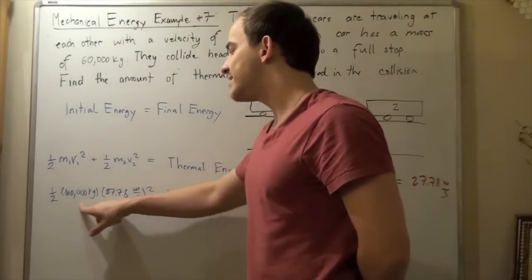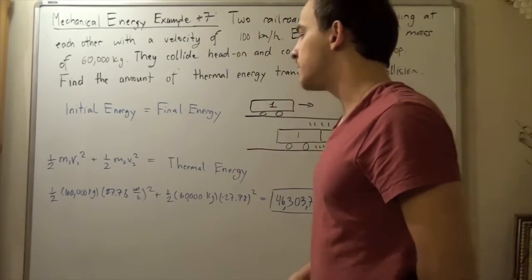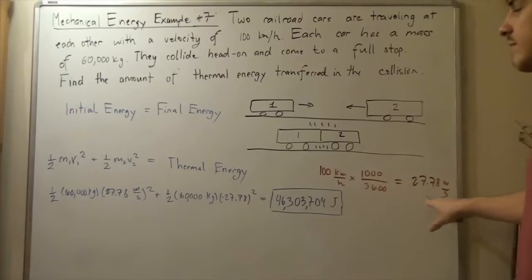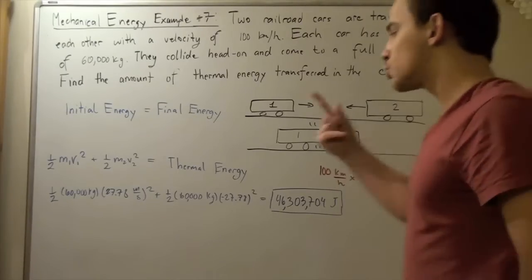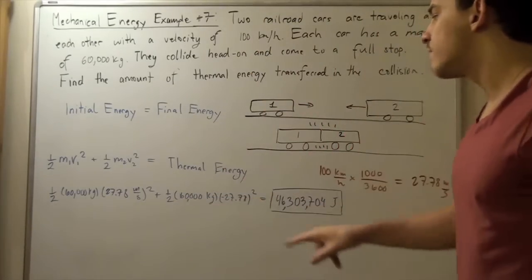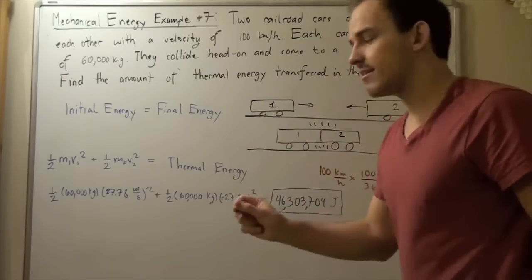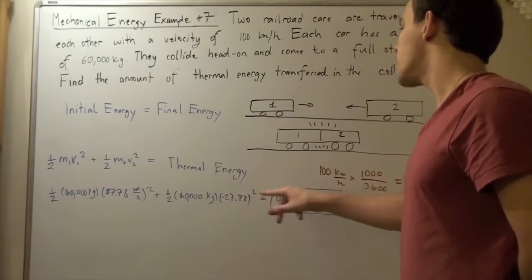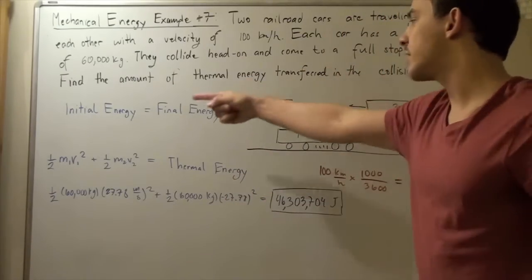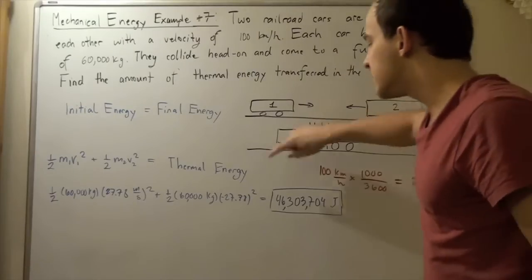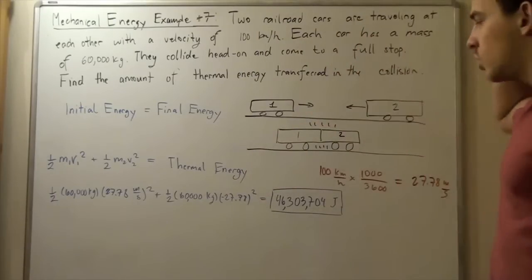1/2 times 60,000 kilograms multiplied by 27.78 meters per second squared, plus 1/2 times 60,000 kilograms multiplied by negative 27.78 squared, because this object is going in the opposite direction, but since we're squaring, this negative will go away.